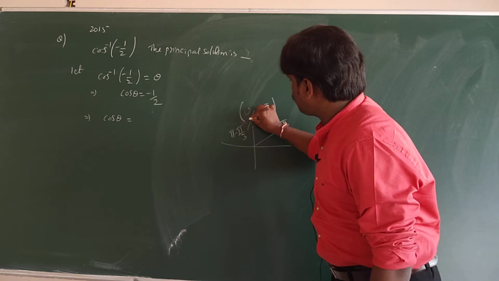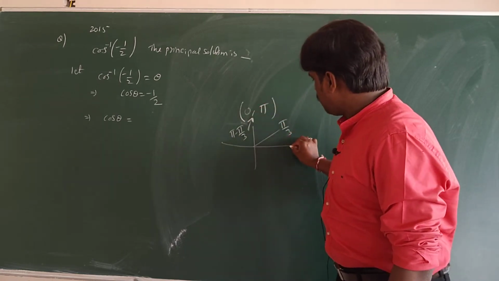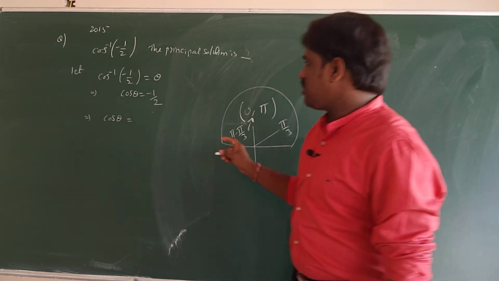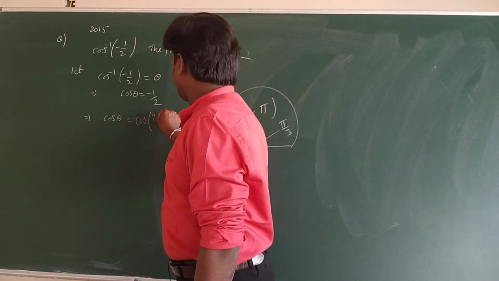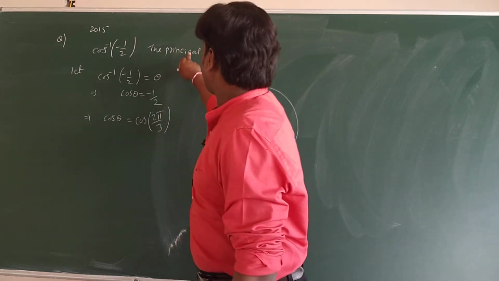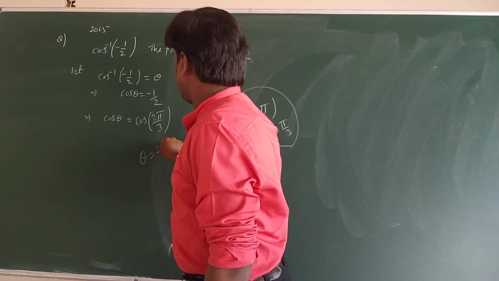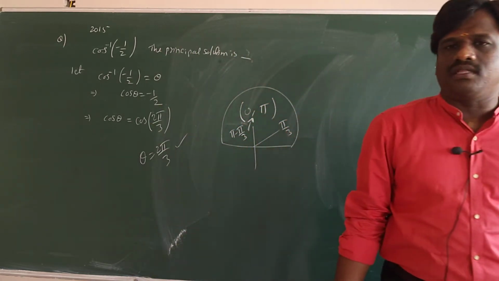Does it belong to this branch? It lies between 0 to 180 here only. So it lies in this. So this value I can write as 2 pi by 3. Therefore, the principal solution of this one is theta equal to 2 pi by 3, that is the answer.